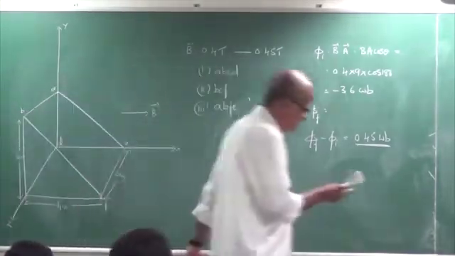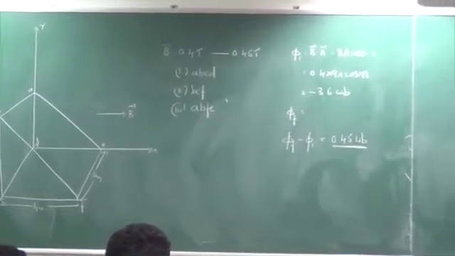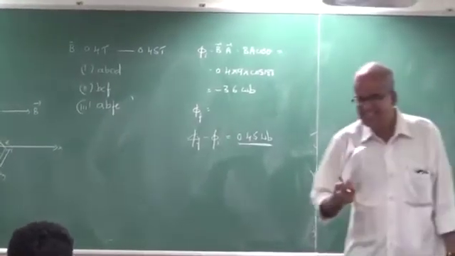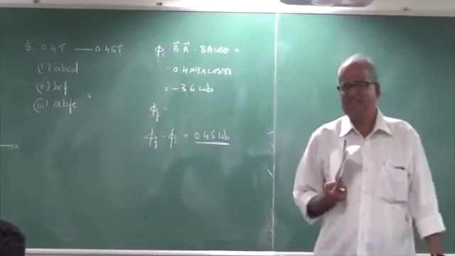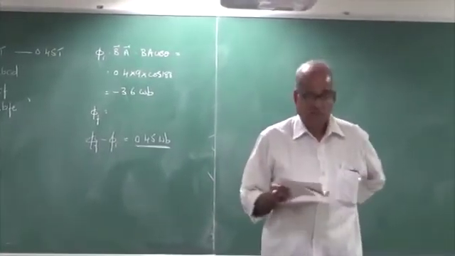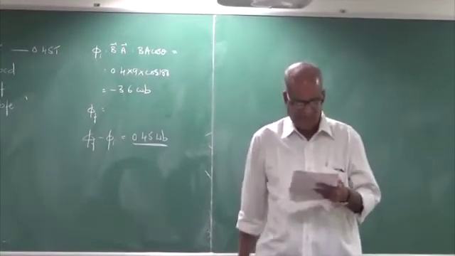Okay, what is the change in flux through the face BCF? Theta is 90 degrees, the angle between vector B and vector A is 90, cos 90 is 0, correct. What is the change in flux through the face A, B, F, E?